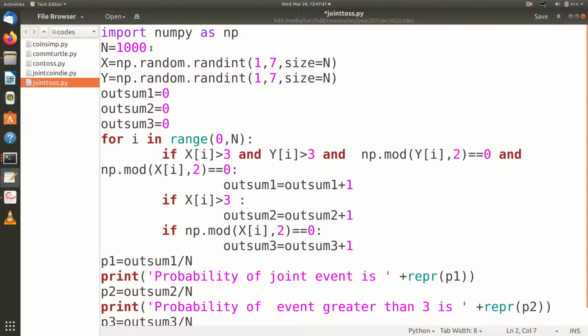Then I toss two dice this way. If I want to toss a die, I can use the function np.random.randint(1, 7), which gives you random integers from 1 to 6; 7 is excluded. With a size n, that means this x will be an array of 1000 values.